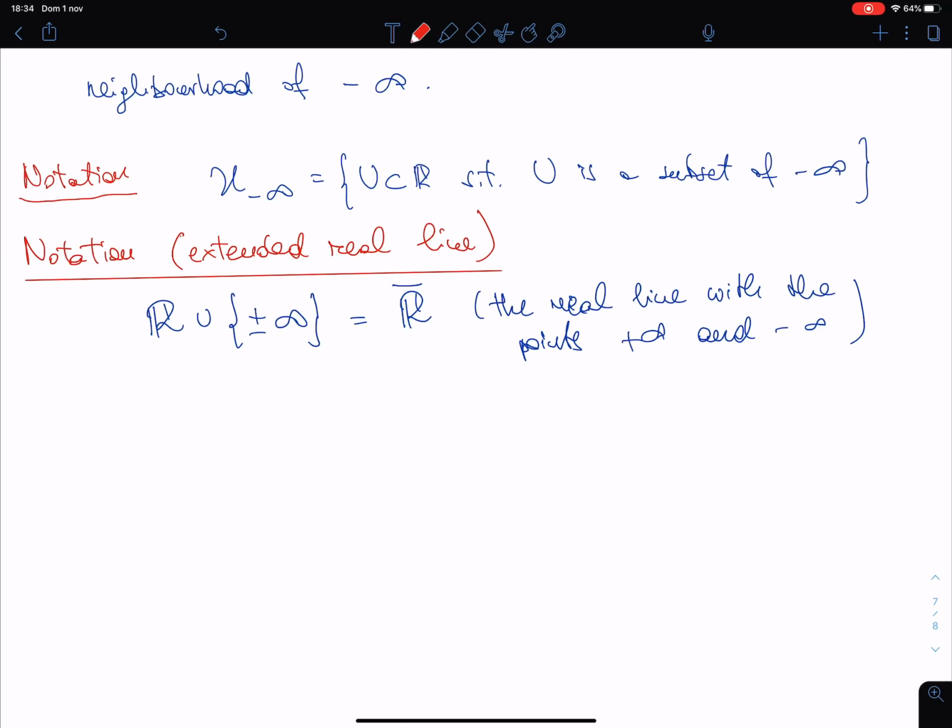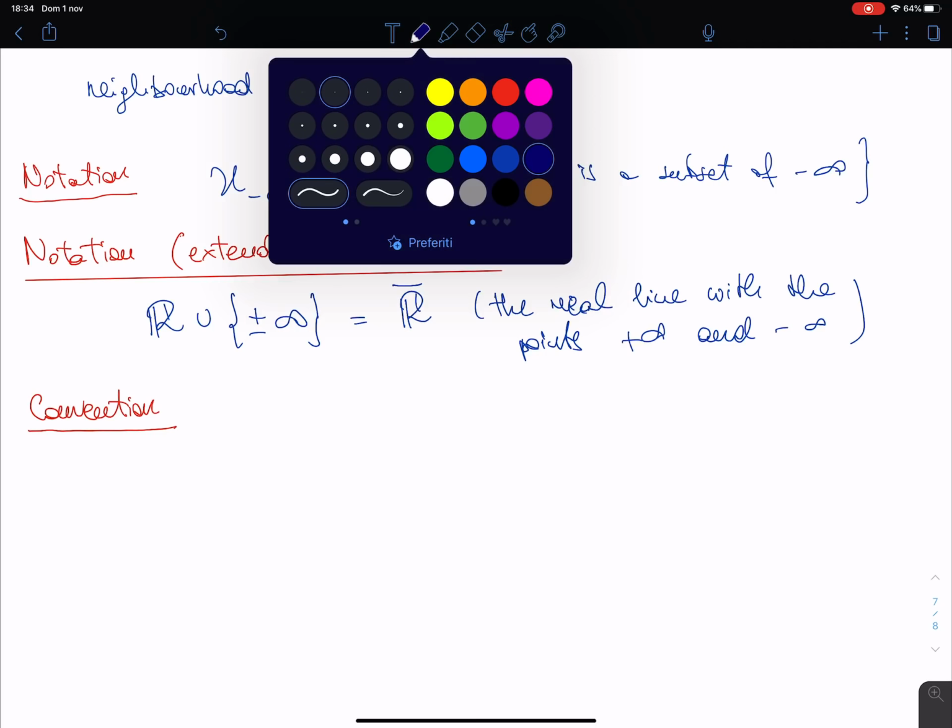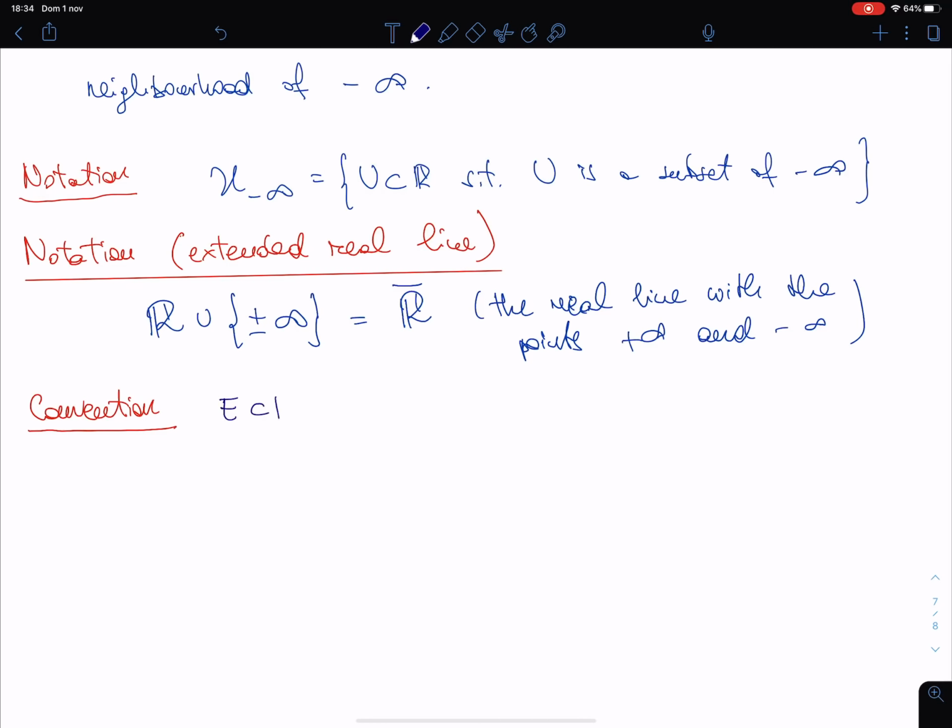It is more or less a convention. If the subset E of R is not upper bounded, we say that plus infinity is a point of accumulation of E.